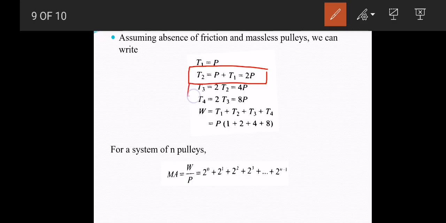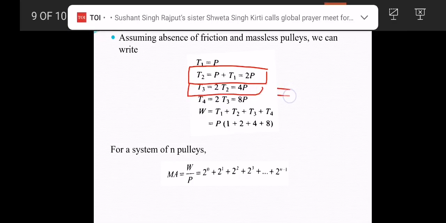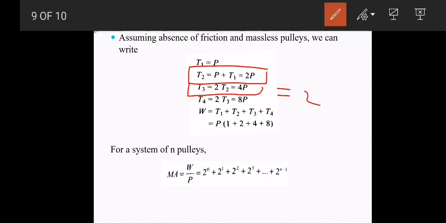So T3 is equal to 2 times T2, and the value of T2 is 2P, which is equal to 4P. And as we go on, we get T4 is equal to 8P.